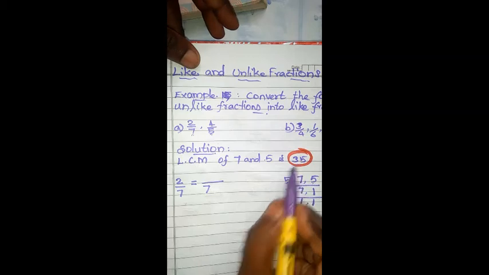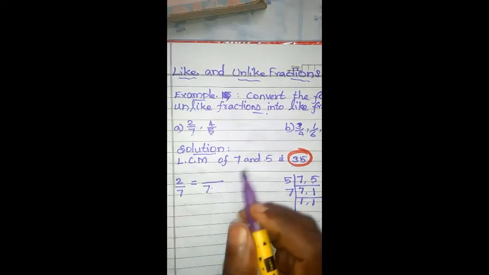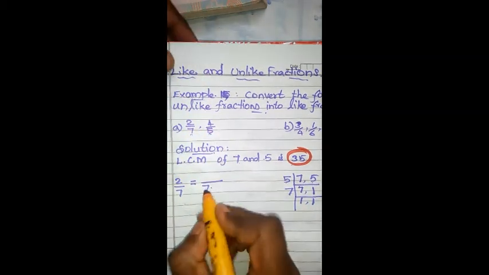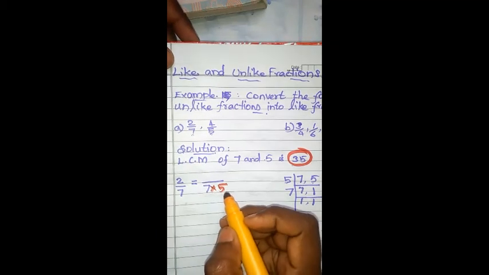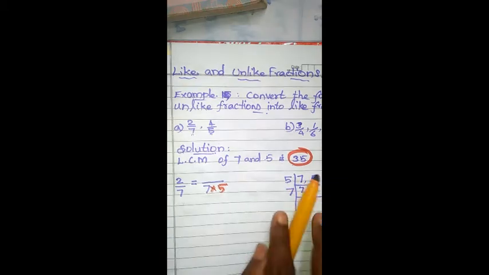Correct? We reach 35. So multiply by 5. 5 7s are 35. Correct?